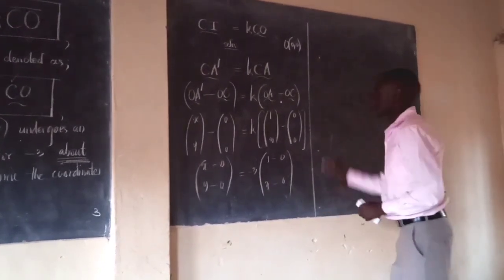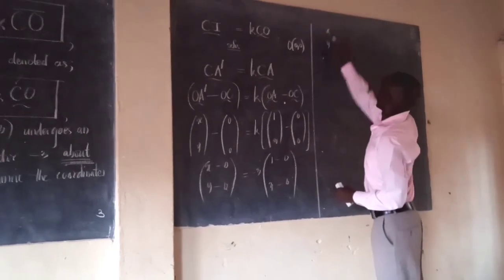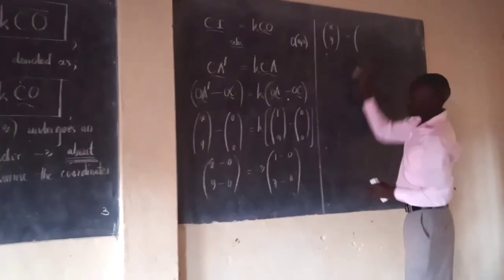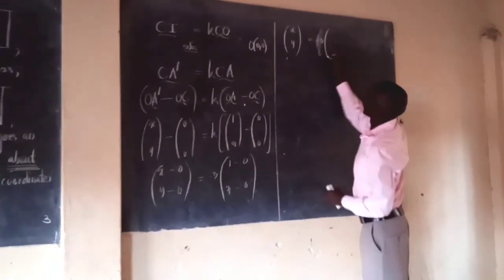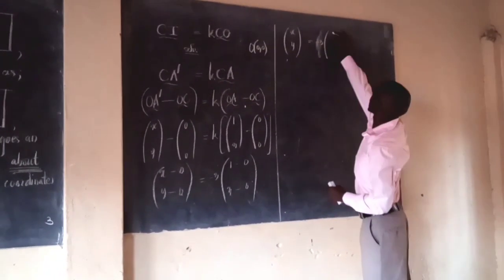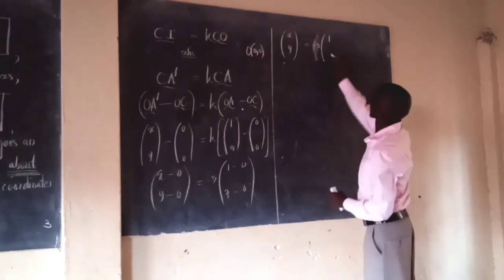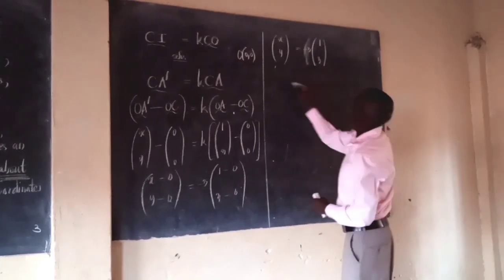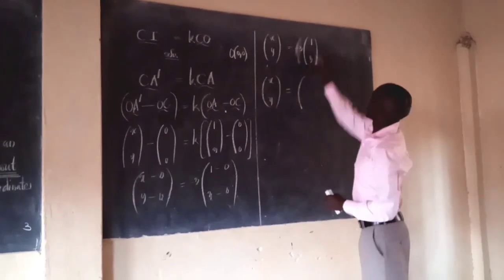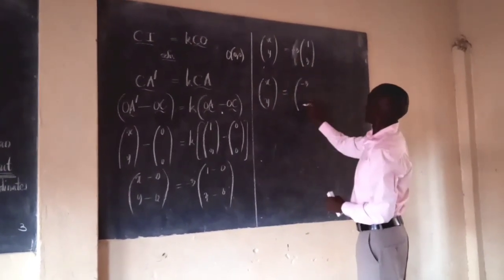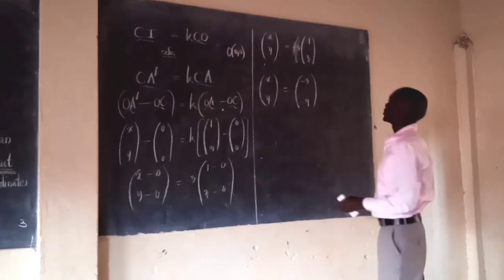That gives us x, y corresponding to negative 3 into 1 minus 0, which is 1, 3 minus 0, which is 3. So resultantly, class, we end up with negative 3 and negative 9.